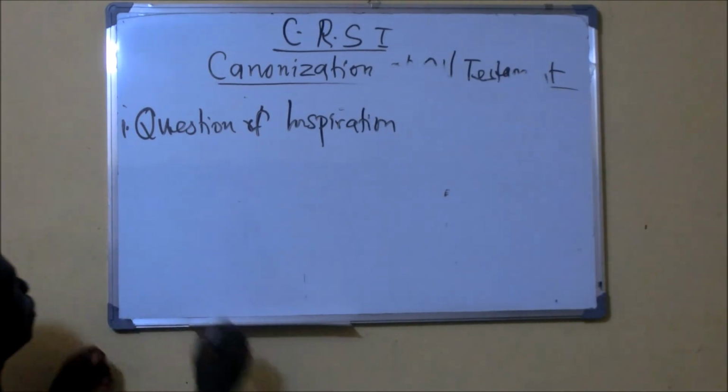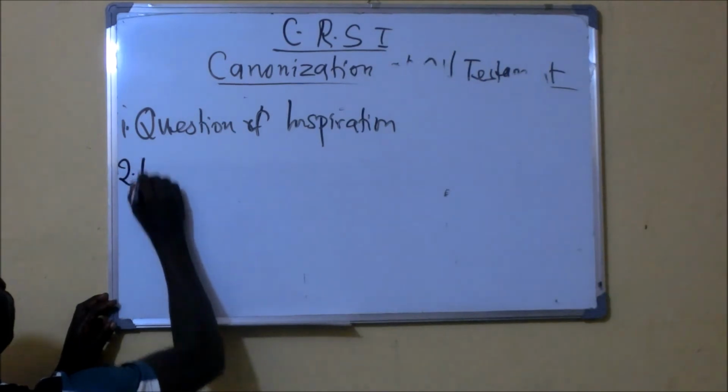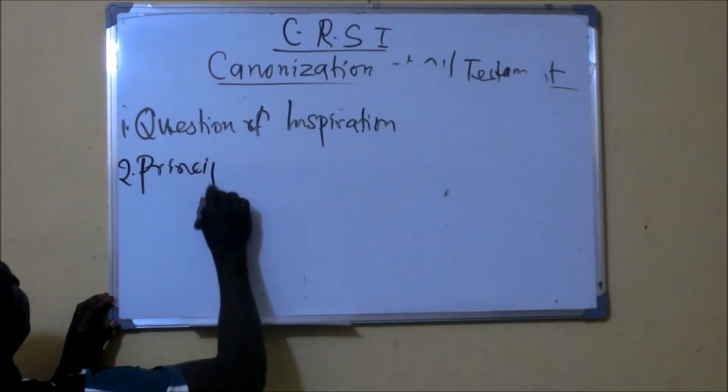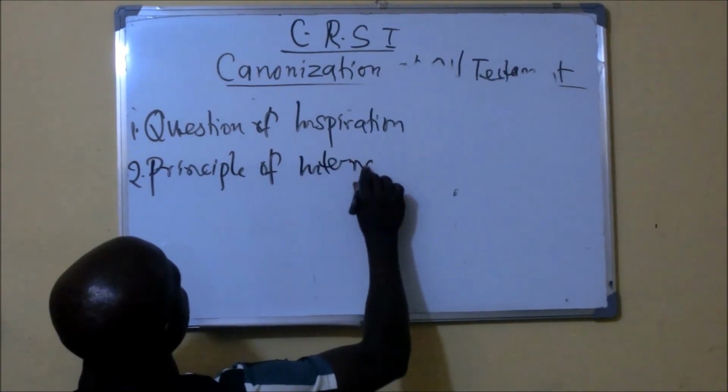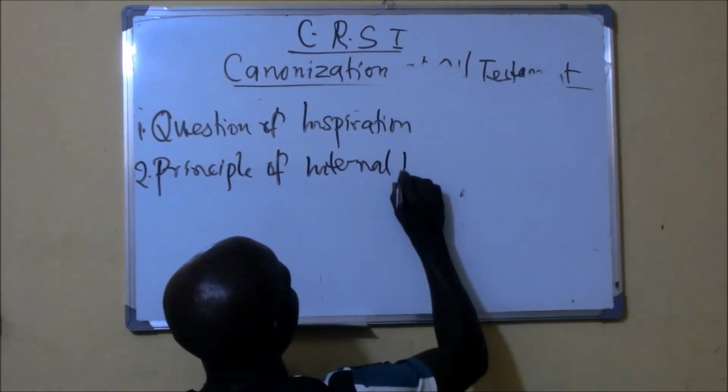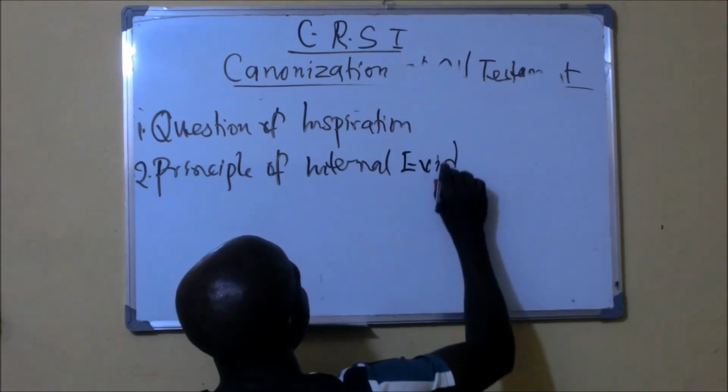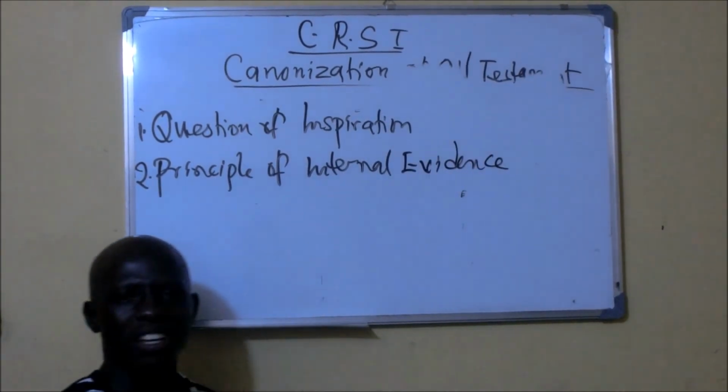Then the second criterion is what we call the principle of internal evidence.